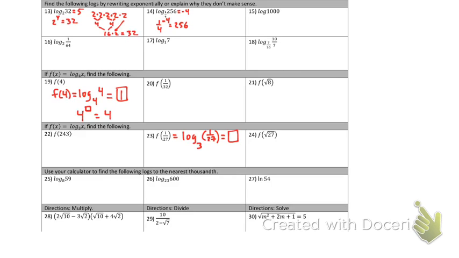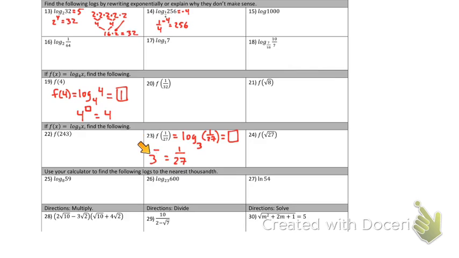So we're basically trying to find the power. I like to convert: 3 to the what power gives me 1/27? If you look, we have that issue. We're turning a whole number into a fraction, so that means my exponent has to be negative. So negative something.